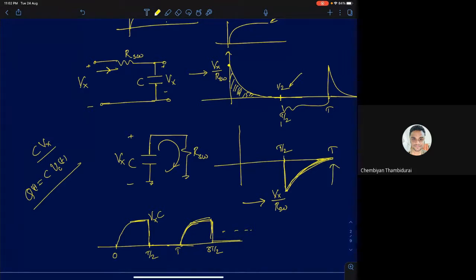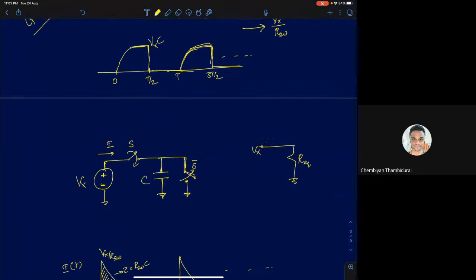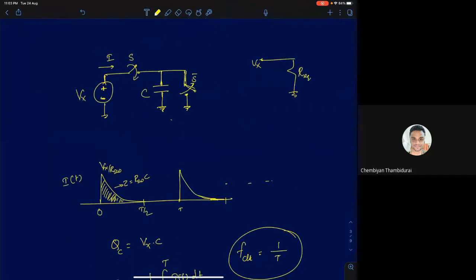Now, the current drawn from the input is in connection with the capacitor only during the positive half cycles, from 0 to T by 2 seconds. During that time, it's going to draw a current waveform which looks something like this.